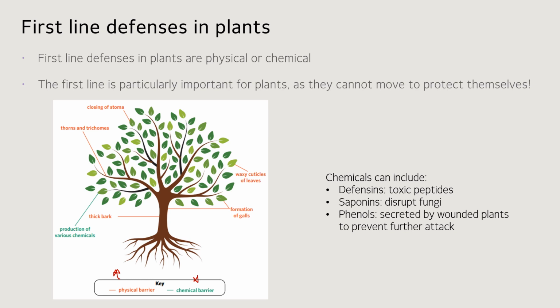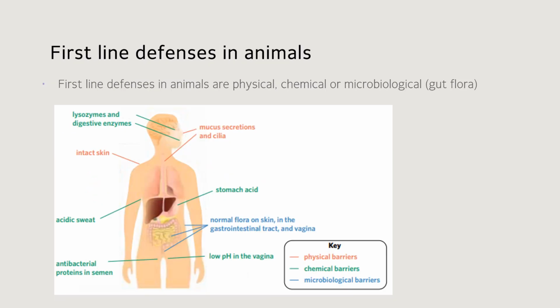The rest of this course is going to be strictly related to animals. In animals, like human beings, we also have physical and chemical barriers, but we also have microbiological ones as well. That pretty much relates to our gut microbiome, gut flora, all of that sort of stuff.